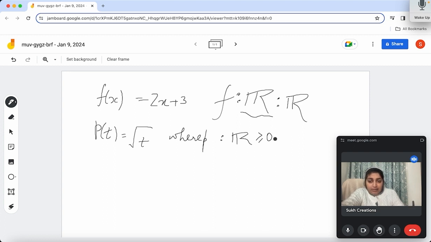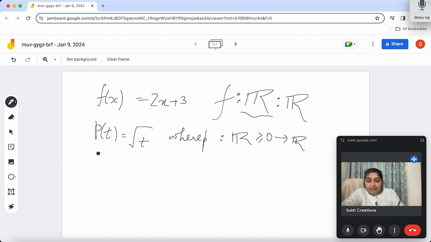This is a very crucial thing, let me explain why. The output can be any real number, but our input must be a non-negative real number. Why? Because the square root of a negative number is undefined in the real number system. So the domain has to be specified, that only non-negative values of t are allowed here.